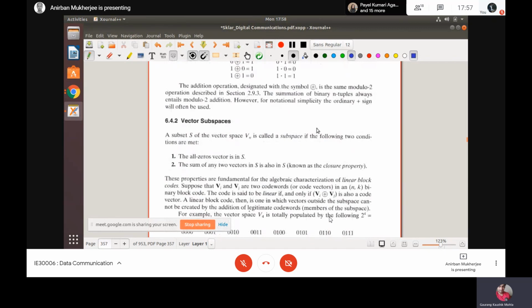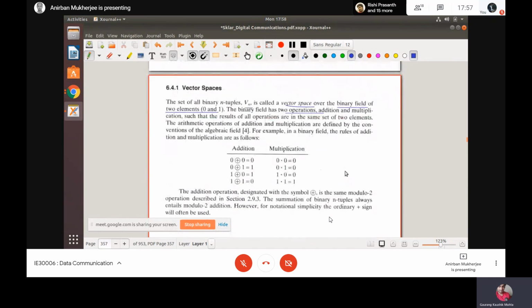So vector space means something like this. If it is an n-tuple, say 4 bits, then 0 0 0 0, 0 0 0 1, and so on, all these combinations together are called the vector space, Vn.